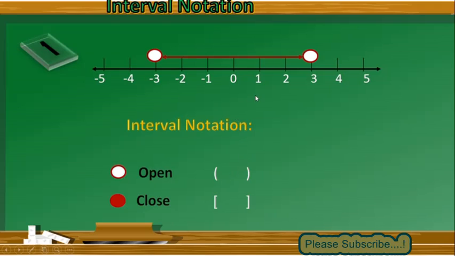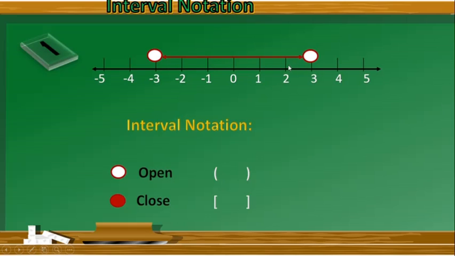Okay, going back to the problem, we notice that this one and this one are open. When they are open, it means that the values where they are located are not included in the solution. Only the numbers between this one and this one are included in the solution.